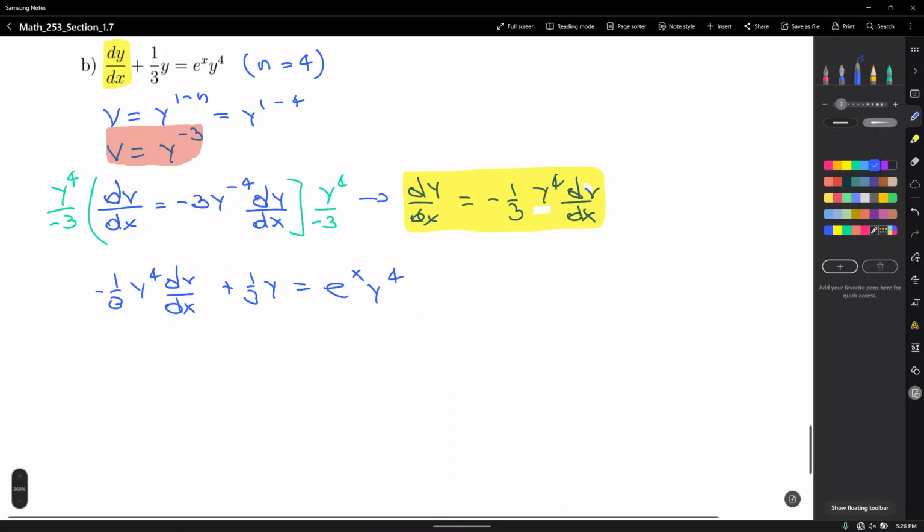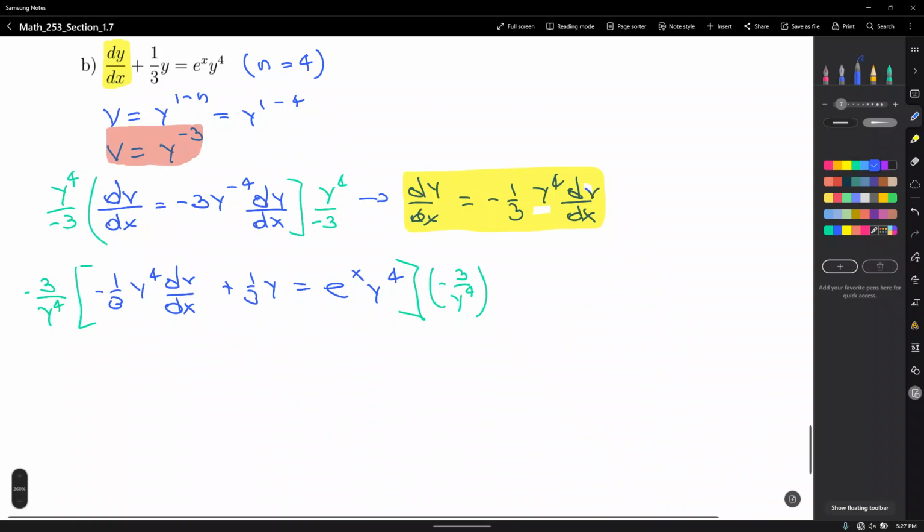Well, so we have v's, y's, etc. Here we want to get rid of the y to the 4th. So actually, I'm going to multiply both sides by negative 3 over y to the 4th.